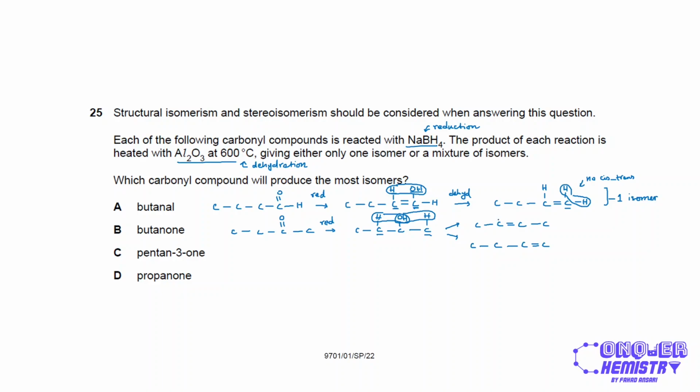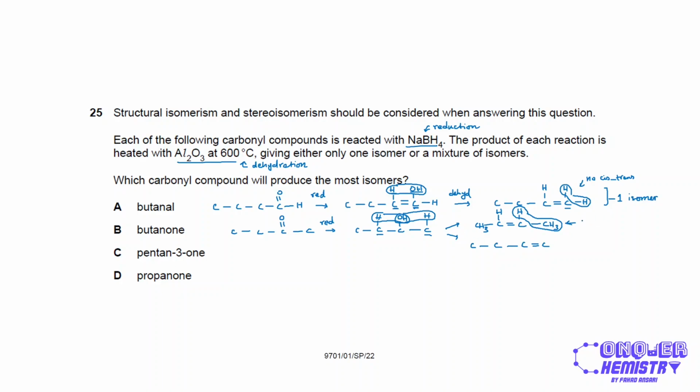Now, in the first product, you have two H's over here and two CH3 groups. And each carbon atom is bonded to two different groups, the H and the CH3, and the same goes for the other carbon atom. So this can have cis and trans isomers.